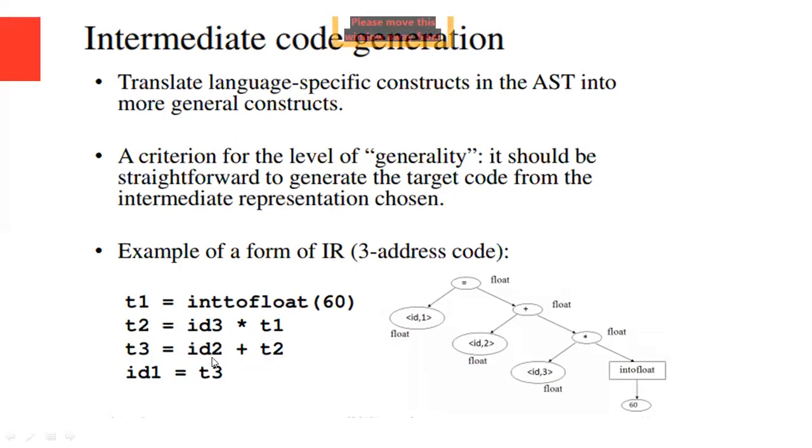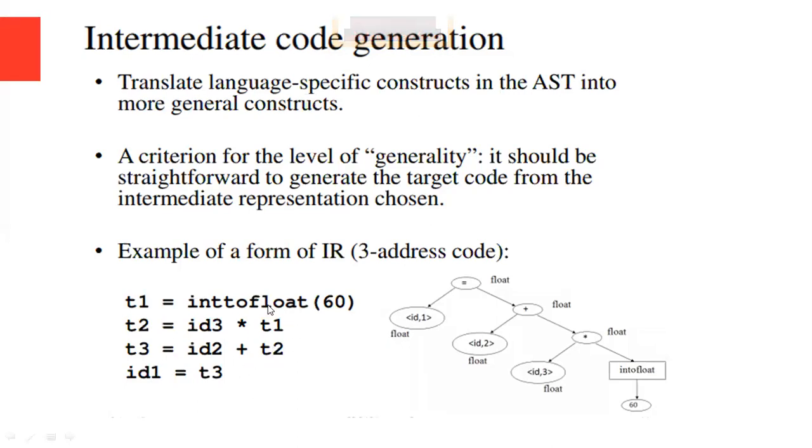So ID2 is INI plus T2, and ID1 is equals to T3. So the whole value of T3 is assigned to ID1, the position value or function value. So finally that is assigned from T3.